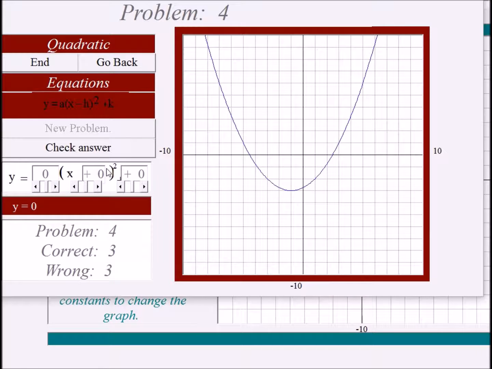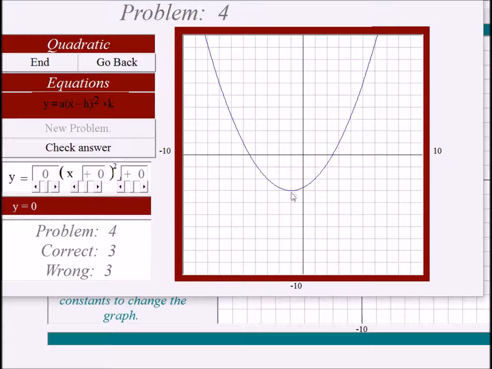Y equals a, some number that controls the shape, parentheses x minus h, the h controls horizontal movement, squared, plus k, which controls vertical movement. Memorize it. You will use it your whole life if you want to be in anything related to math. And I hate to say this, but mathematicians get paid more. So, except if they're teachers.